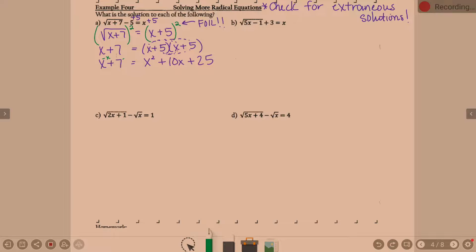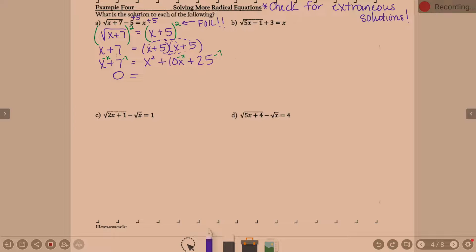Subtract x, subtract 7. Okay, since it's a positive x, I'm going to subtract x. I'm also going to subtract x on the right, which means I'm subtracting x from 10x. And this 7, I'm going to subtract it on the right also, which means I'm subtracting it from 25. So I have 0 equals, because x minus x cancels, 7 minus 7 cancels.